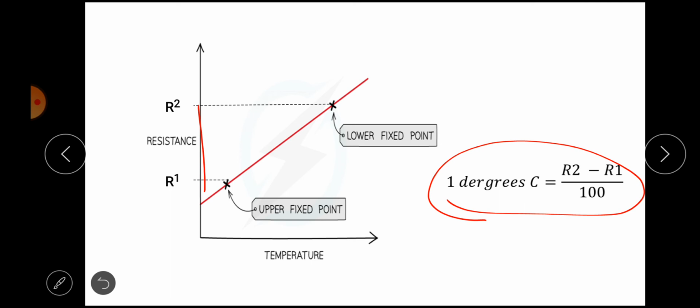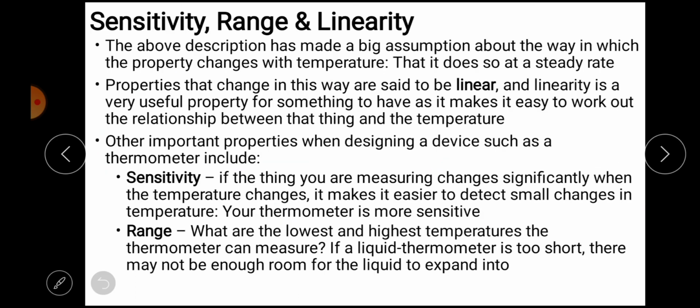Suppose this one is 2 ohms, and then this one is, let's say, 12 ohms. So the difference here is 10 ohms, which is the resistance. So you are going to divide that 10 by 100 to get the size of 1 degree Celsius. We are going to talk about how a thermocouple is made so that you understand the issue of resistance.